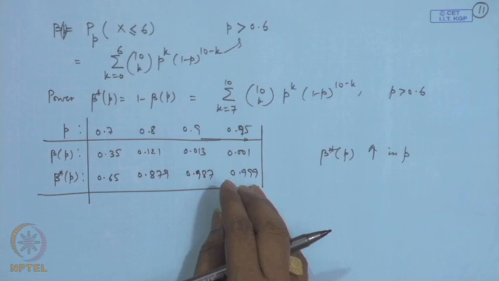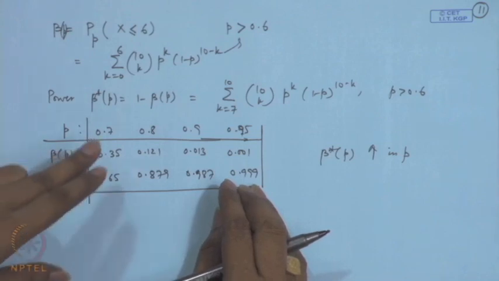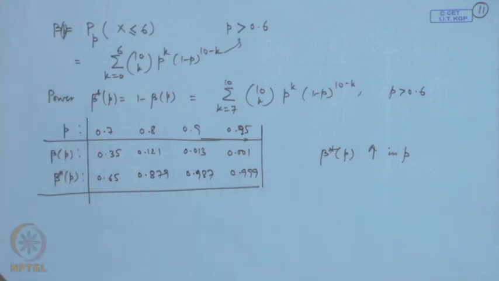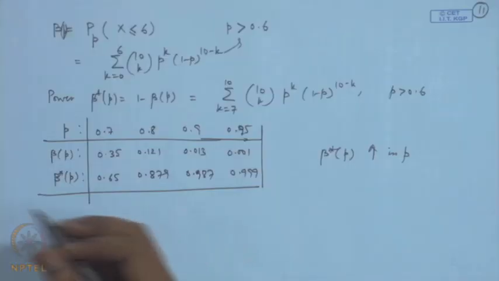The next point I mention is that we are saying: fix the size of the test alpha and then determine a test procedure for which the power function is maximized. Now, when you say fix alpha, that is the job of the statistician, and for that we have to determine a best procedure. The question is what should be the value of alpha.